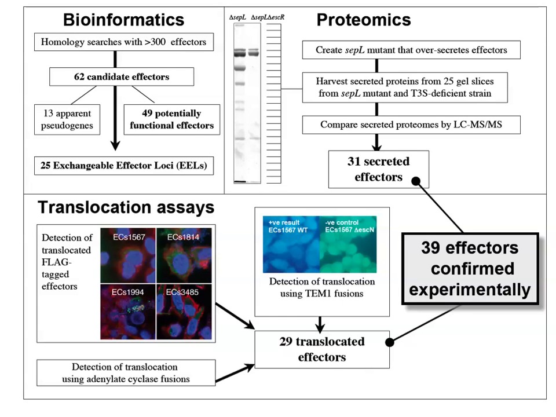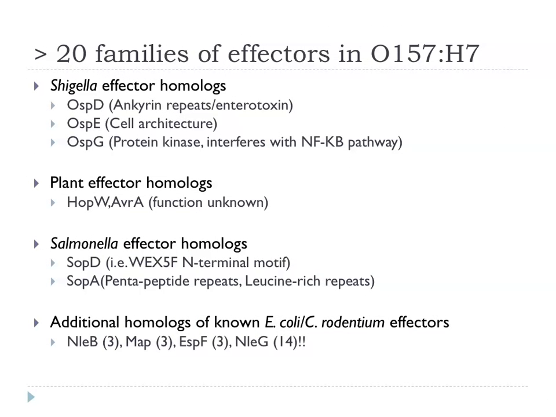I won't go into the details of how that's done, but basically that confirmed that 29 of these effectors were indeed translocated. So we ended up with 62 candidates, 49 potentially functional, and 39 of them actually experimentally confirmed.